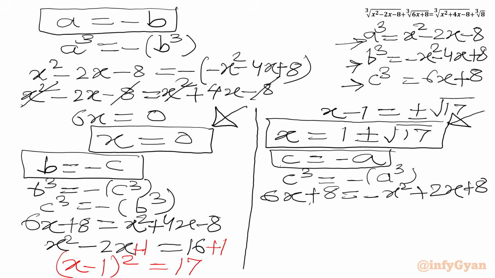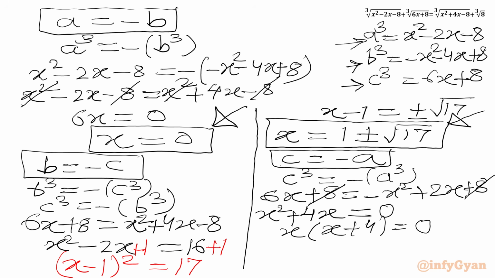Now we will subtract 8 from both the sides. We'll take 2x to the LHS. So 4x plus x square equal to 0. So from here, I will take x common. In bracket, we'll write x plus 4 equal to 0. So we have x equal to 0 and x equal to minus 4.